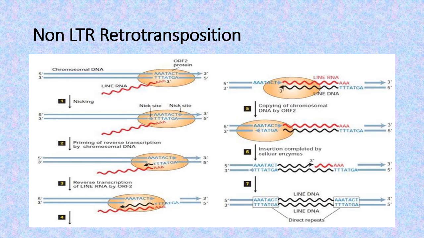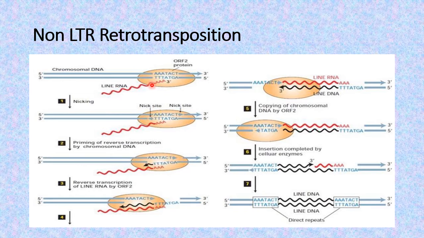So, in case of non-LTR retrotransposons, the RNA, which is transcribed at the donor sequence, reaches the target site where a nick is generated just near this poly T region.